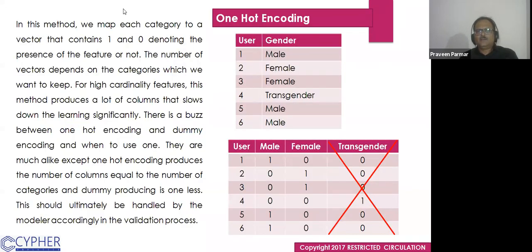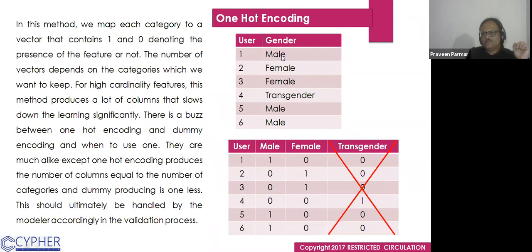And I will explain the one hot encoding. In this method we map each category to a vector that contains 1 and 0. Like we have 6 users, and there is a gender. So there is no need for 1 for male and 2 for female.